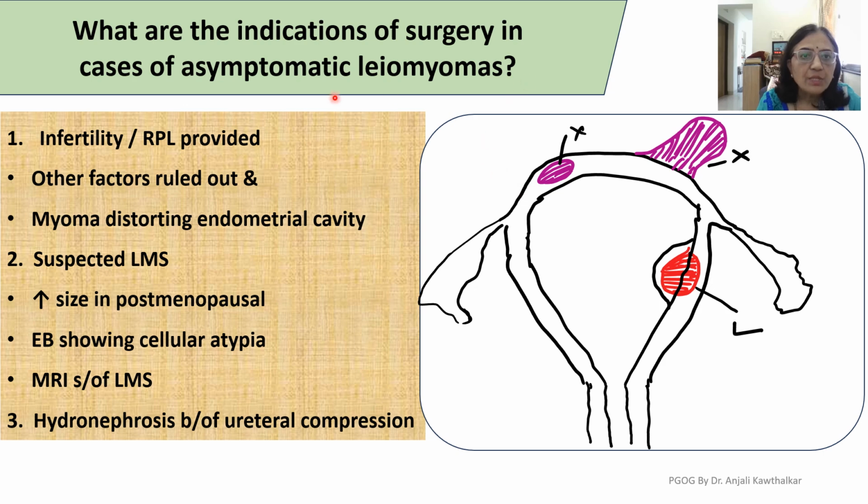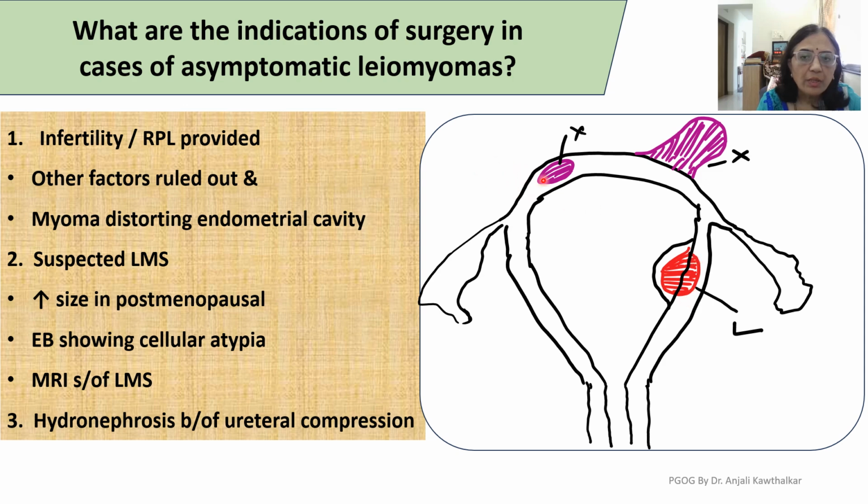What are the indications of surgery in cases of asymptomatic leiomyomas? There are three groups for that. First is in patients who are having infertility or recurrent pregnancy loss, provided, this is most important, other factors for infertility or RPL are identified, treated, and or ruled out, and the myoma should be distorting the endometrial cavity.